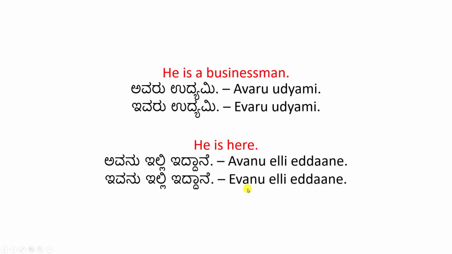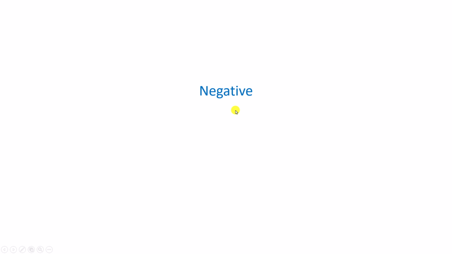Here Ivanu is he. And we have selected iddane for is because the inherent meaning of the sentence is he is present here. Alright? Next, we will learn to form negative sentences.